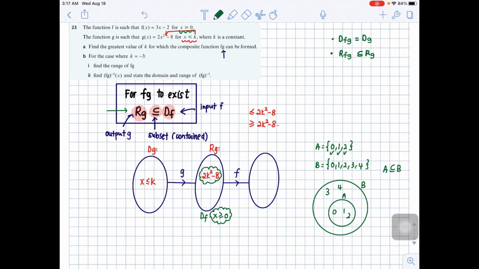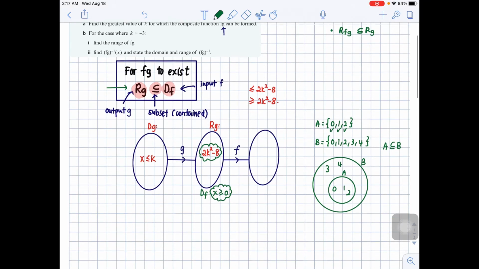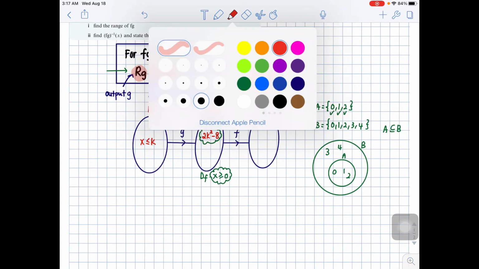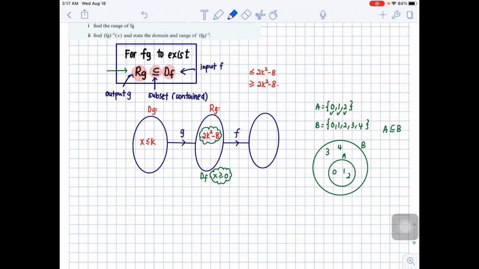Same thing now. They are telling the bigger one, maybe we can just highlight here, this one. You can take that as the blue one here. More than or equal to 0. The inner one, the 2k squared minus 8, has to be inside.